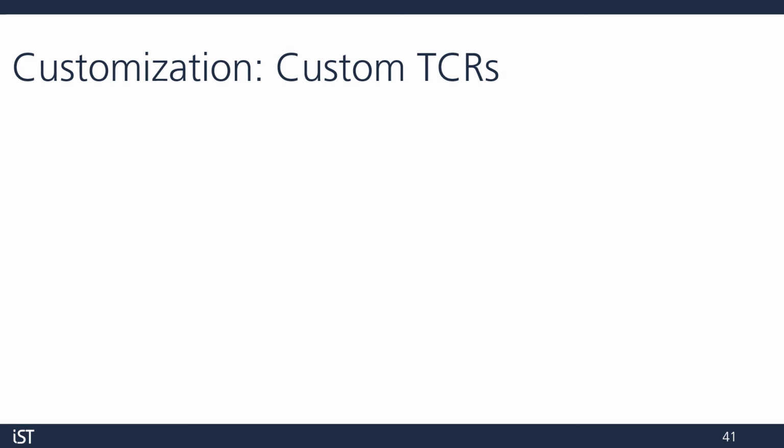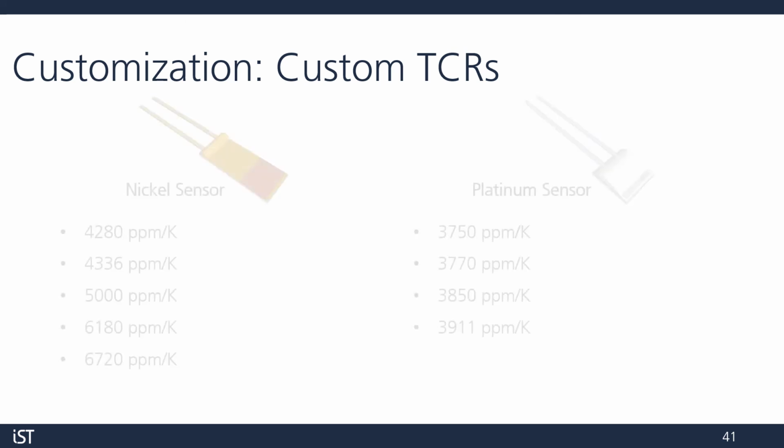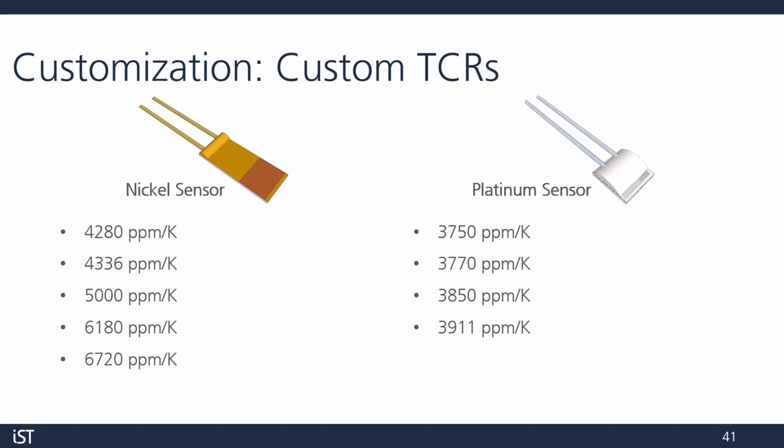We've already discussed some of the common temperature coefficients of resistance, or TCRs, for platinum sensors. Why would we need to deviate from a standard one, like 3850 ppm per Kelvin? Some TCRs are application-specific and have special advantages. It's also sometimes necessary to make a special sensor that will serve as a replacement for a discontinued part.